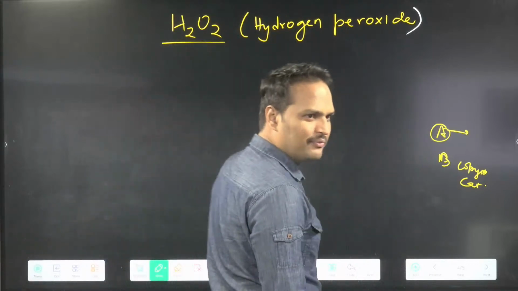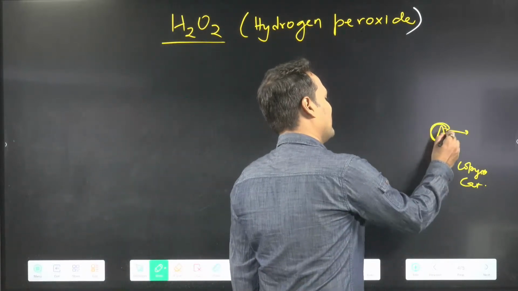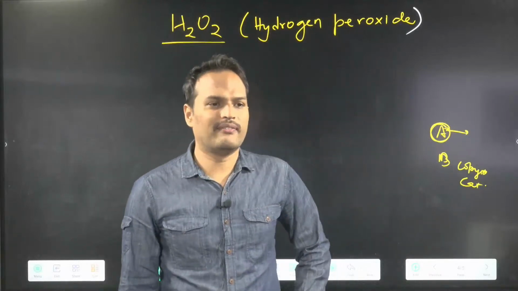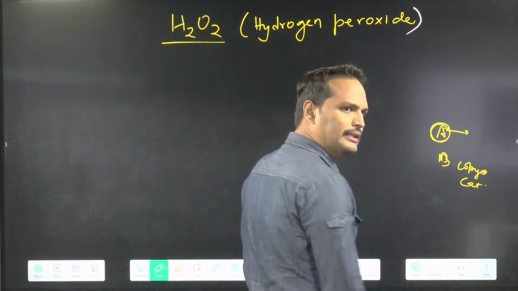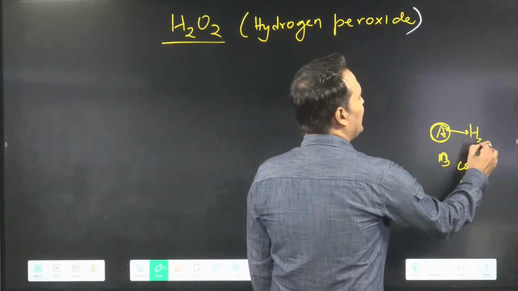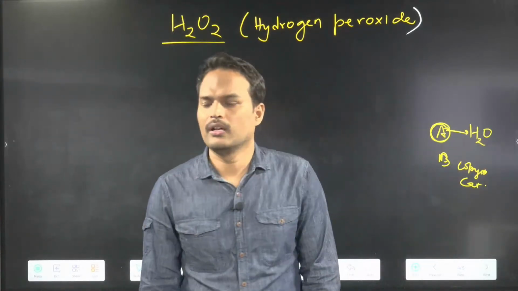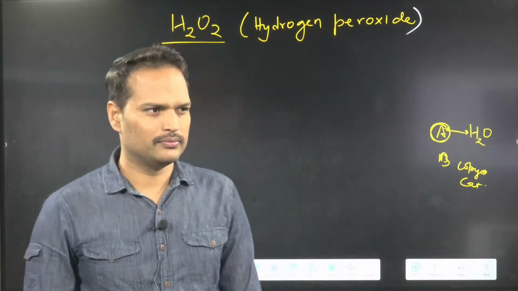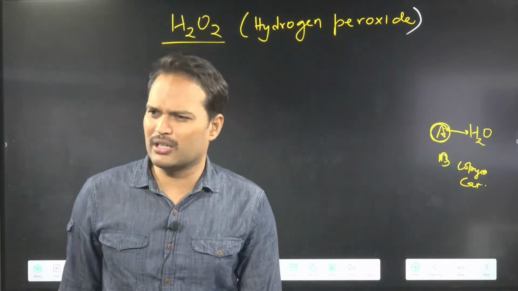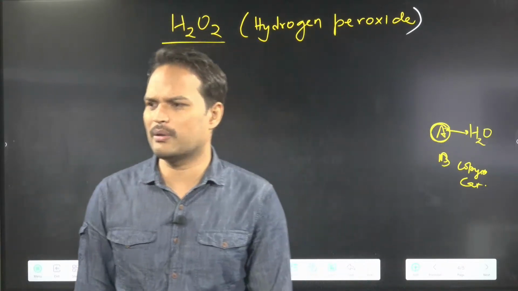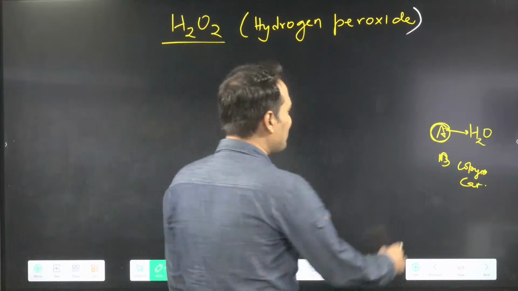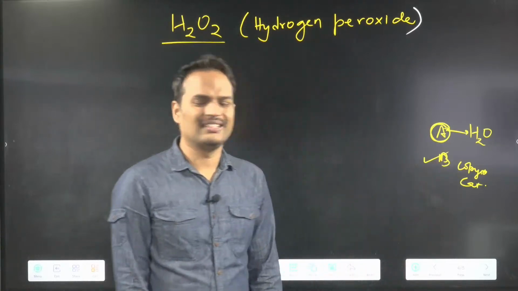The third time they went, A was very frustrated. They went into the restaurant and the waiter asked A, what do you want? He said, I want H2O. The waiter also understood, his chemistry was also good. He said, H2O, no problem. Now this B person had very little chemistry knowledge.